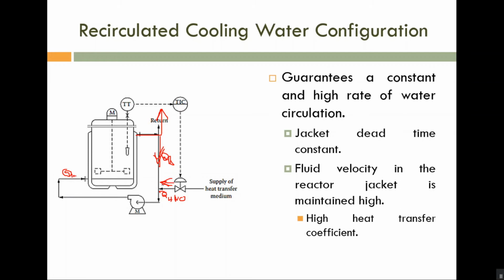This heat transfer medium is flowing through pipe, through shell, through a number of restricted devices, so definitely at this point pressure will be small. And this one is the inlet side of the liquid, so at this point pressure will be large. So how can we transport liquid from this low pressure point to this high pressure point? How is it possible?